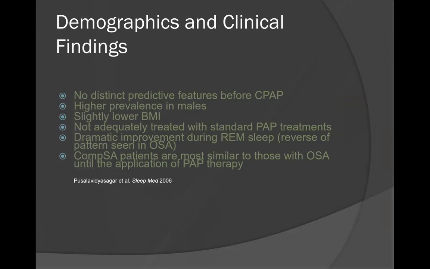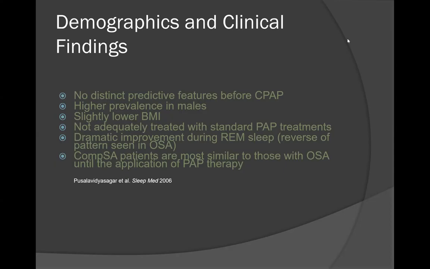Just a revelation. All right, demographics and clinical findings. There are no distinct predictive features before CPAP. So they're your typical OSA patients, right? They are slightly lower in BMI, not adequately treated with standard PAP treatments, and show dramatic improvement during REM sleep, which is the opposite of a real OSA patient, right?